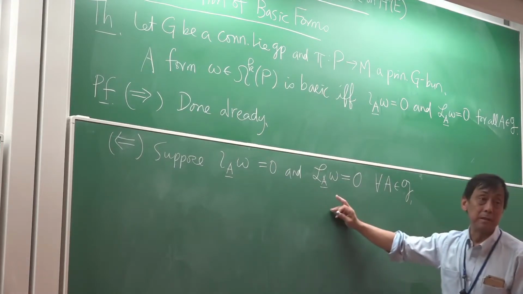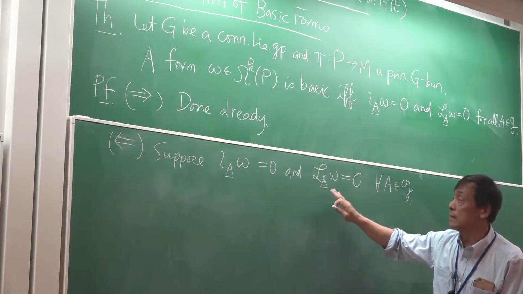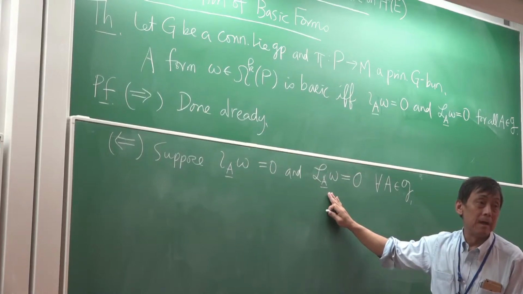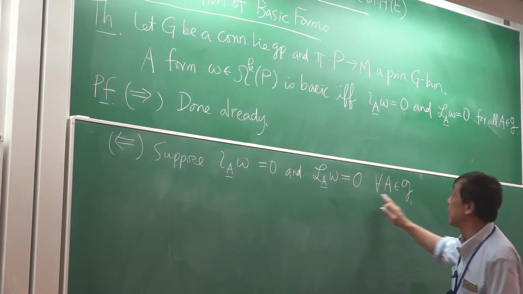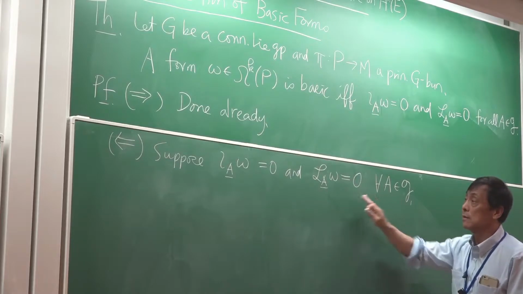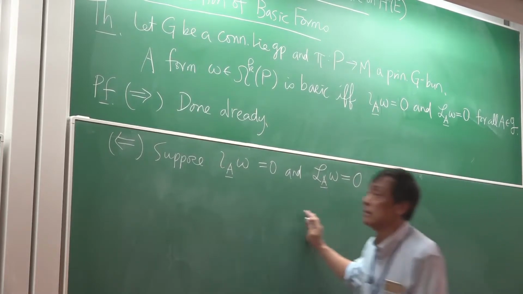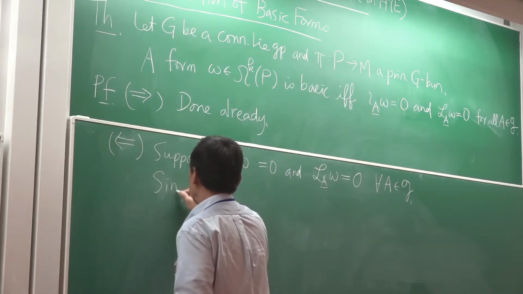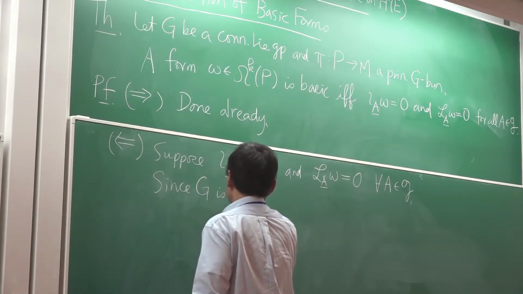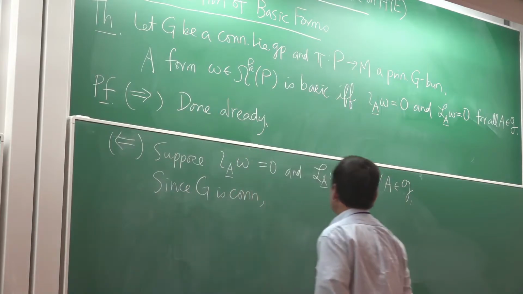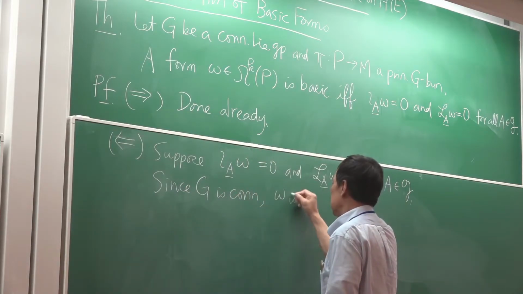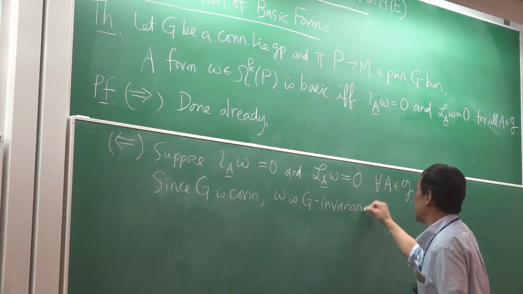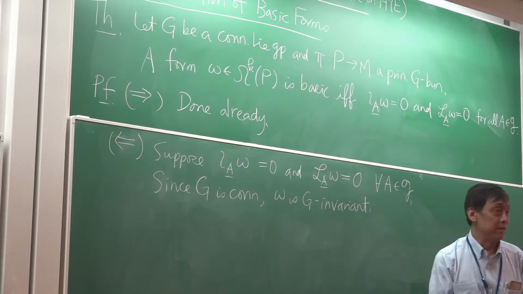Now, for a connected Lie group, we proved already that if the Lie derivative is 0 for all A in the Lie algebra, then it's invariant, right? So since G is connected, omega is G invariant.